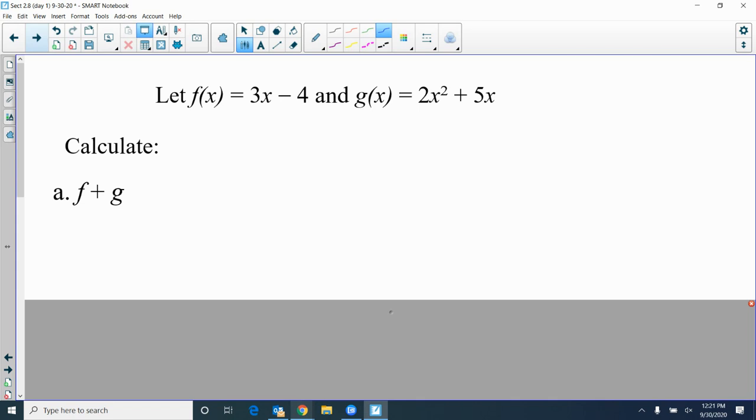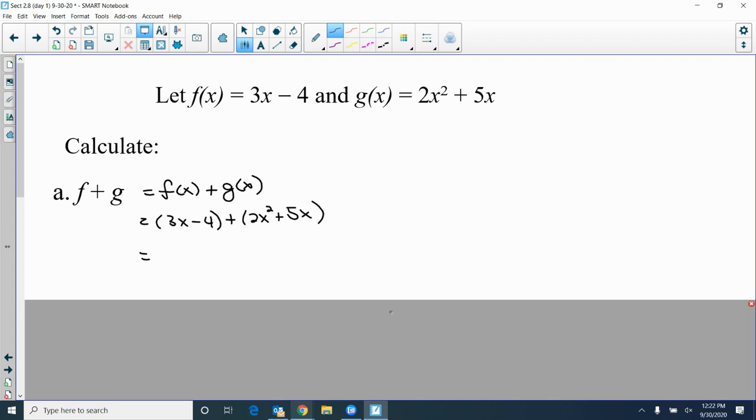For those first ones, we got the same two functions. If you just see f plus g, then you just need to make this f of x plus g of x. Just add them together. Take your two functions, and it's going to be 3x minus 4 plus 2x squared plus 5x.